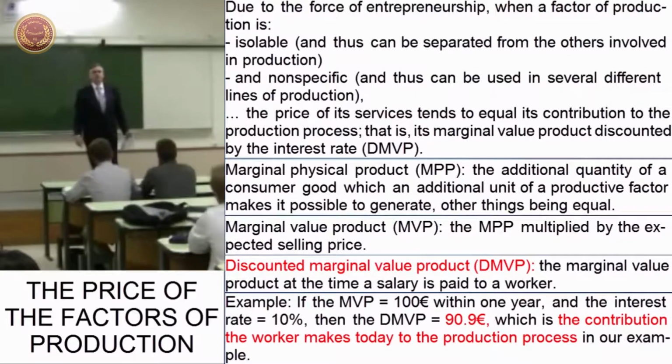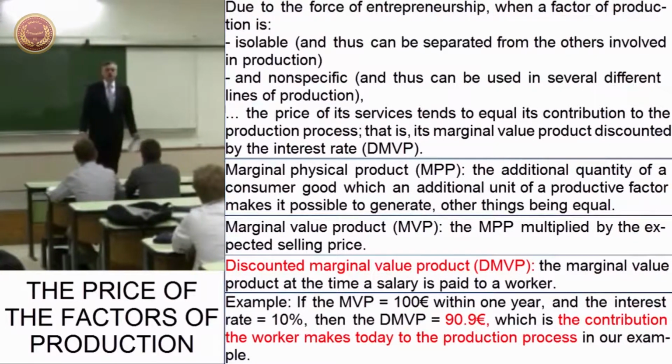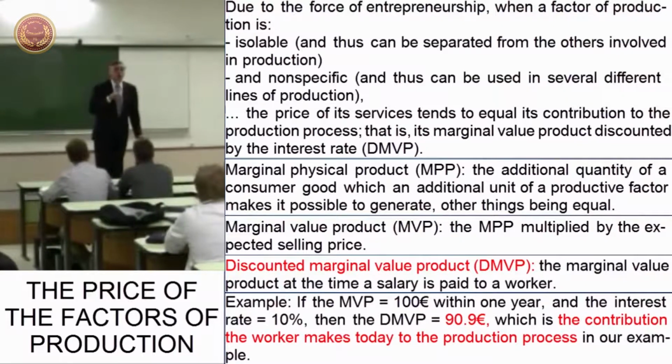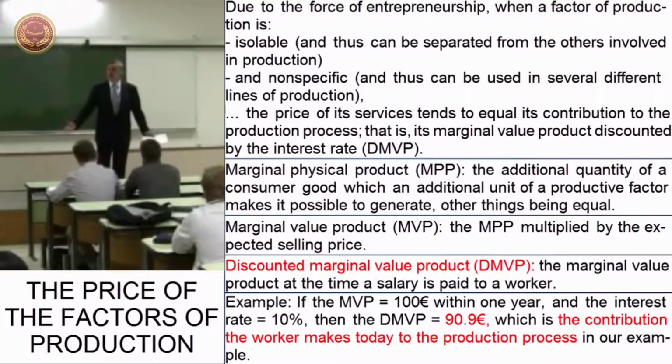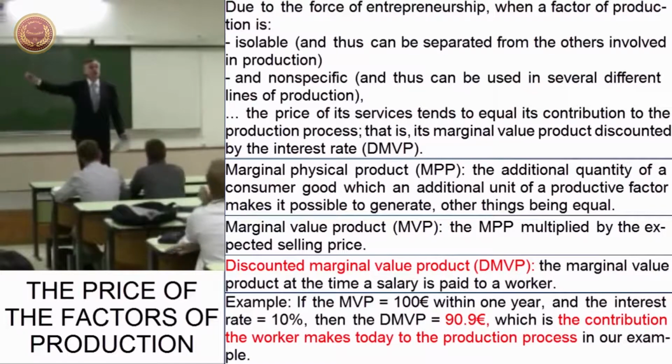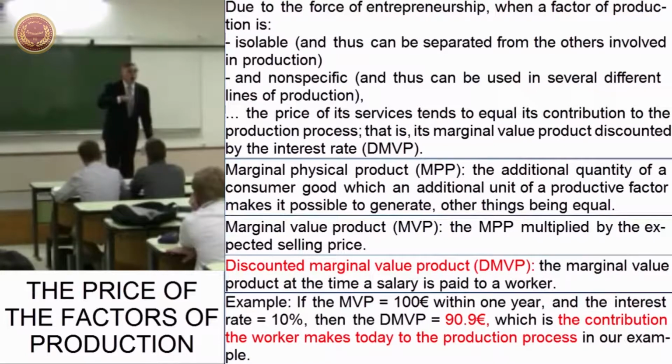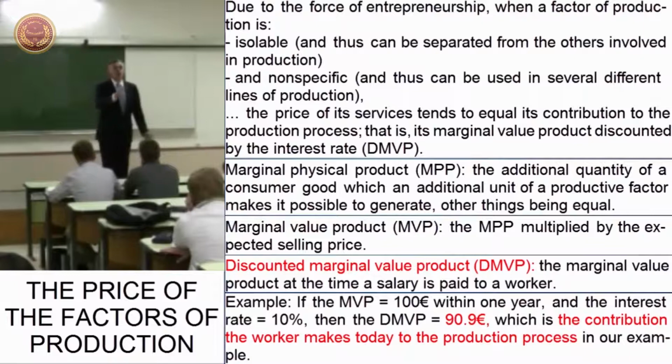Since the worker must be paid today, the value of his contribution to a production process that will conclude only in a distant future, for instance, in 1 year, we must discount by the interest rate the marginal value product that will follow from the worker's contribution to the production process today, a process that will culminate only at the end of 1 year in a final consumer good which can be sold.